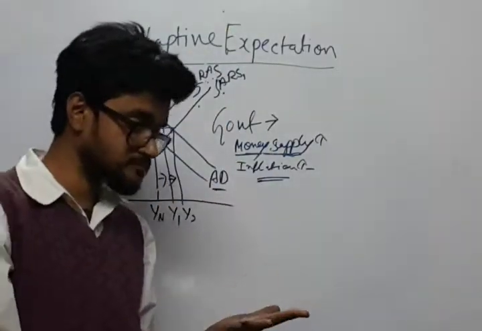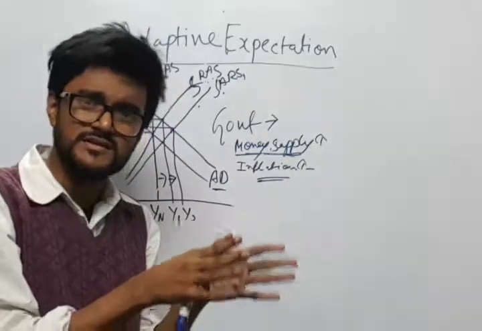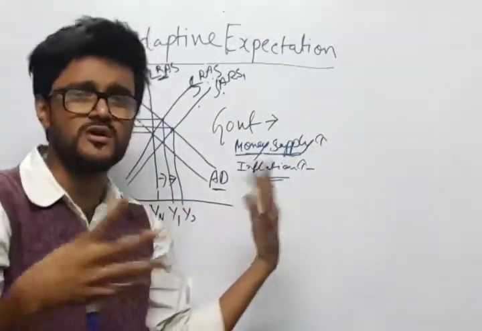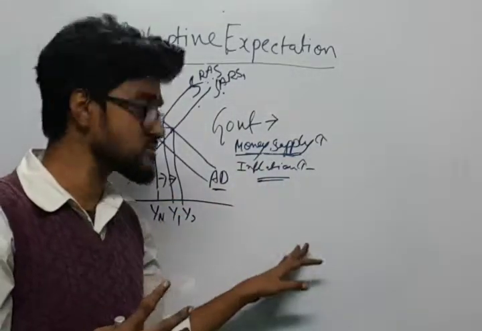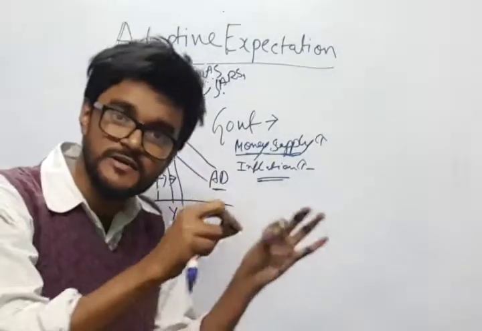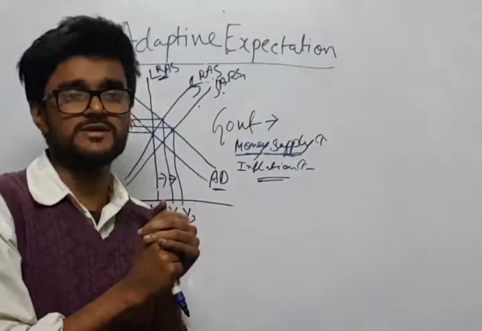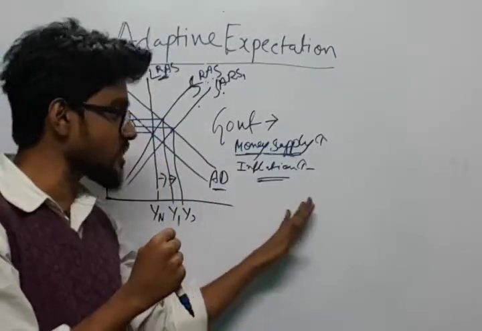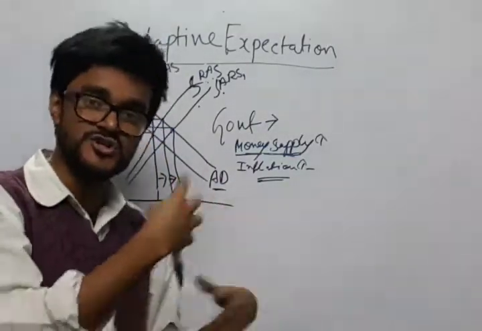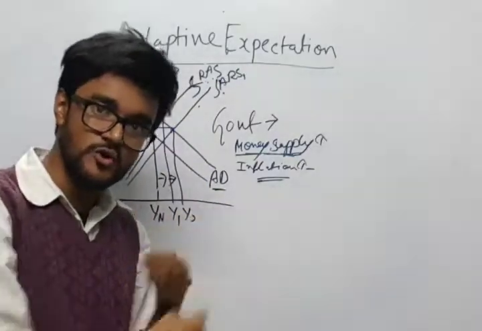Unless there are such issues, usually the expected inflation always depends on the previous year's inflation rate. That is, there is always this chance of inertia, inflation inertia, which keeps on going.